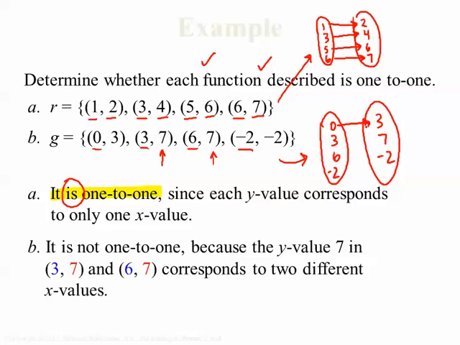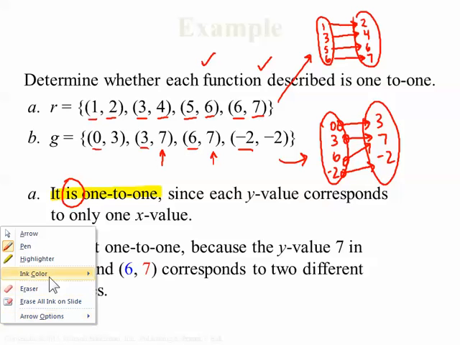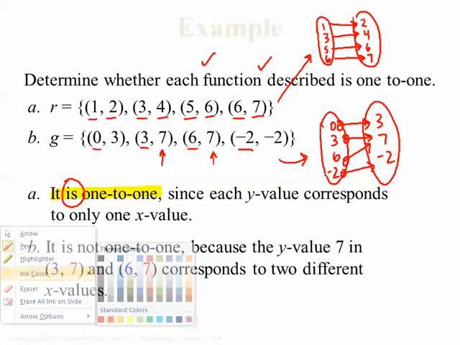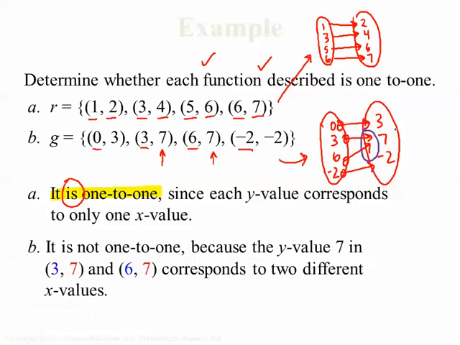Zero is going to 3, 3 is going to 7, 6 is going to 7, and when we talked about section 8.2, we talked about how you couldn't have more than one tail coming out. That's the definition of a function. The definition for a one-to-one function is that you cannot have more than one head going in, or it fails.